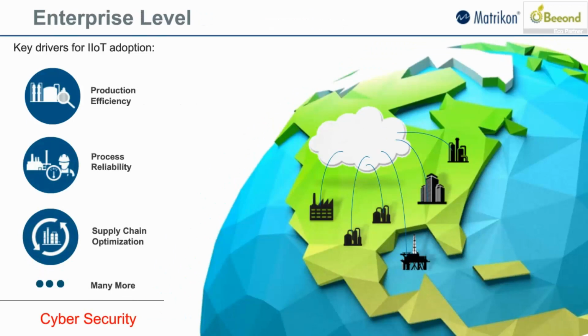So businesses will typically evaluate, well, what's in it for me? This snapshot I'm showing here is from the point of view of a process-focused manufacturer or producer. There'll be key drivers like production efficiency, high-level goals at the decision-making level, where people say, okay, we want to improve our production and our process reliability, and we want better coordination with our supply chain, lower shipping costs, better coordination with suppliers, and a lot of other things.